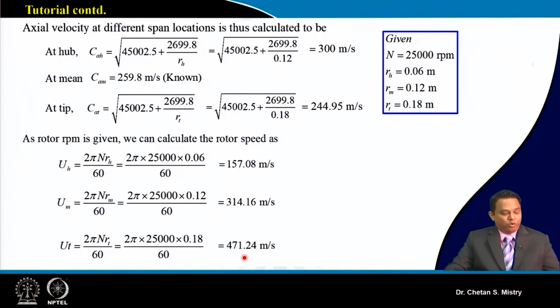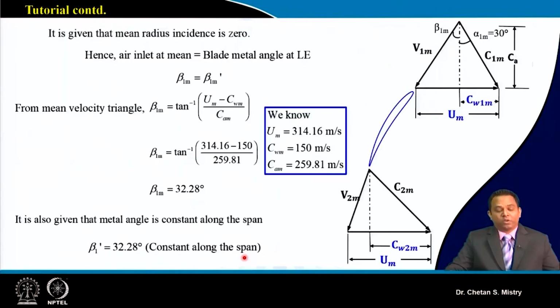Okay. Now we are able to calculate different velocity components. This will help us in calculating different flow angles. So let's look at this part. It says at mid radius my incidence angle is given to be 0. So we can say my beta 1 at mid station is equal to beta 1 dash at mid station.